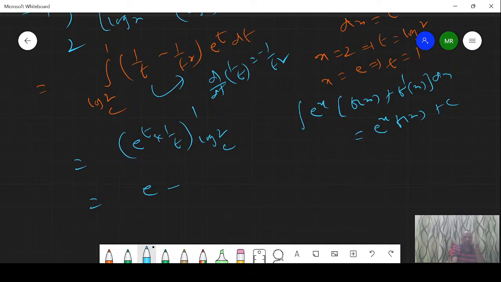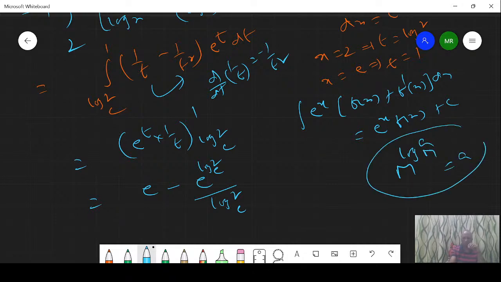So replace t by log 2 base e. But we know the property: m to the power of log a base m is a.